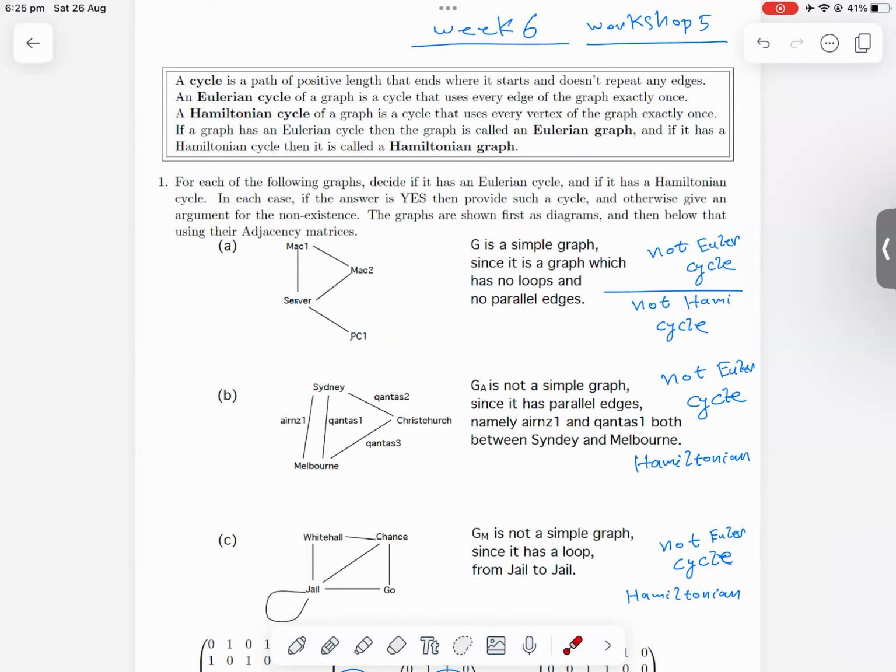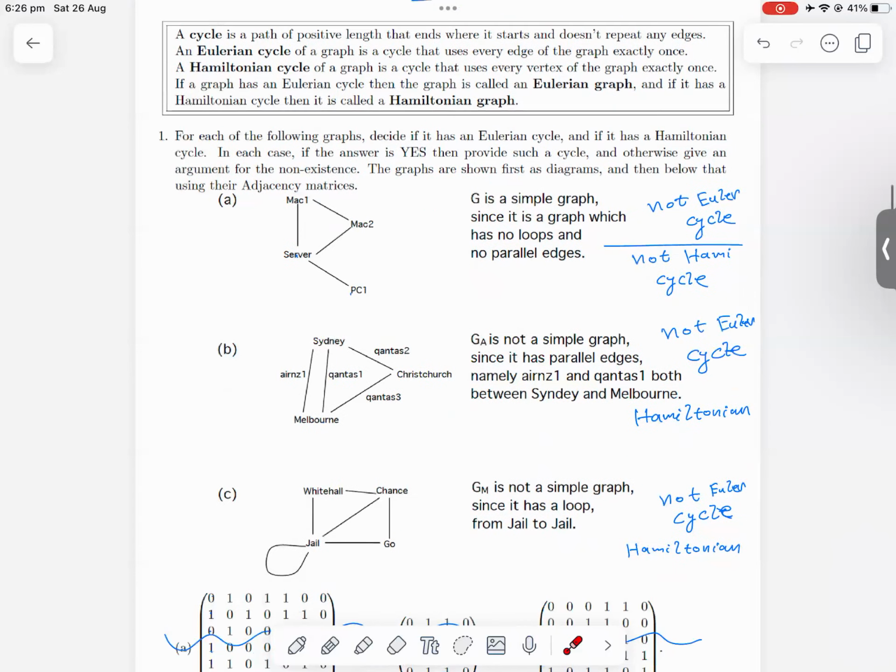Now, for question 2, we can also talk about this guy as well. This one is Hamiltonian as well. We see that all edges have been covered, and we passed all vertices just one time. So it's Hamiltonian as well.